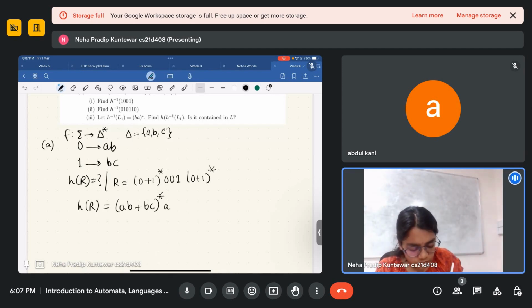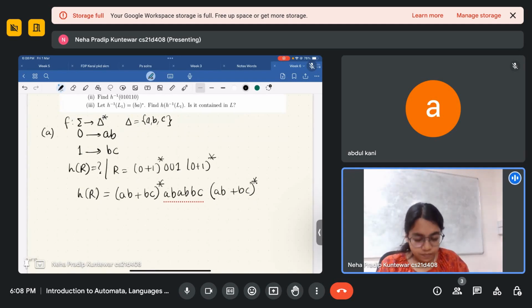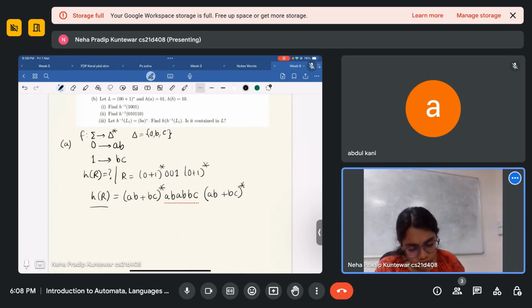Then 0 is replaced with AB, 0 is replaced with AB again, 1 is replaced with BC, and then 0 and 1 are again replaced with AB and BC. This is the regular expression under the homomorphism. That is part A, which is simply calculating the value under homomorphism.